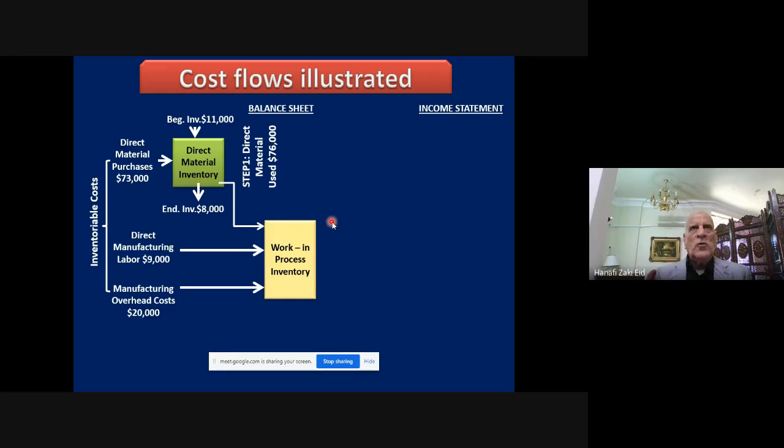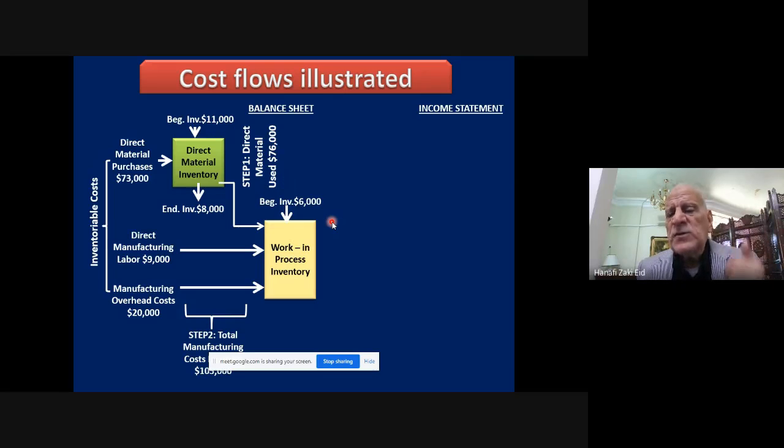So this was inventoried, and at the beginning of the new period, we will start completing these units. So the costs incurred during the period are in addition to beginning inventory of work in process, which we assumed amounted to 6,000.